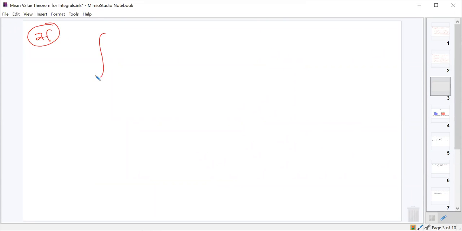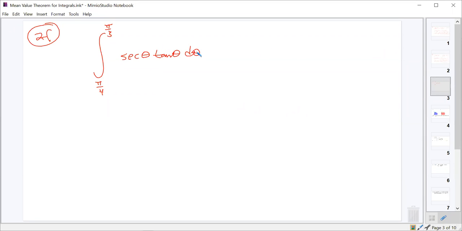The integral with the lower limit of pi over 4 and the upper limit of pi over 3, of secant theta tangent theta d theta. Just secant theta, tangent theta? Yeah.